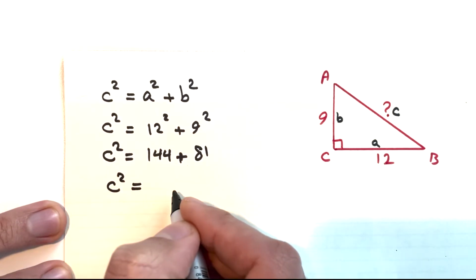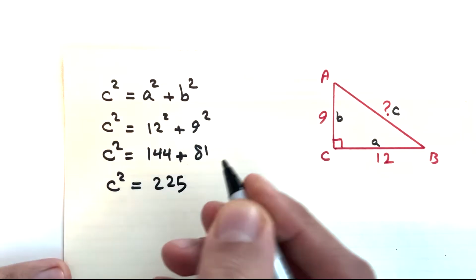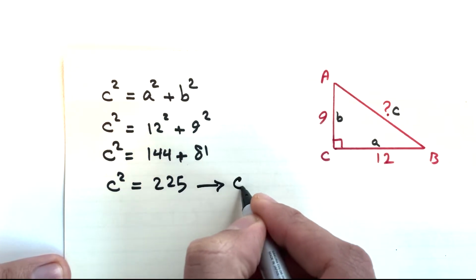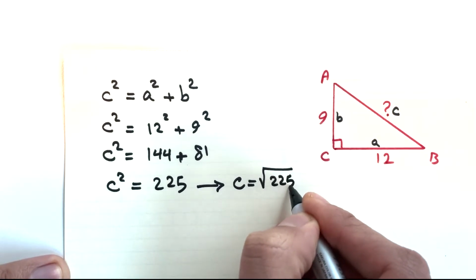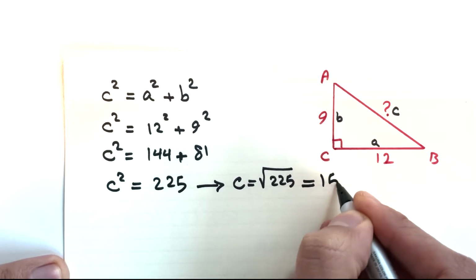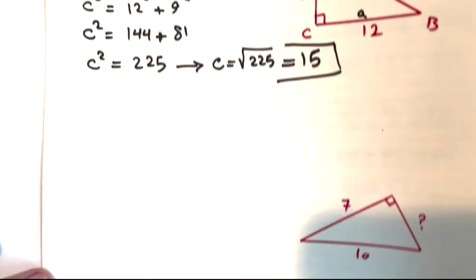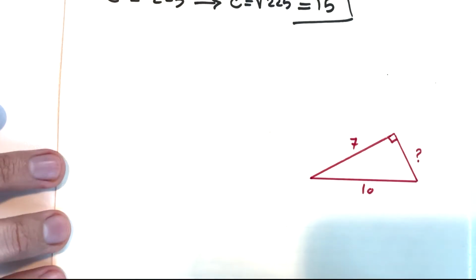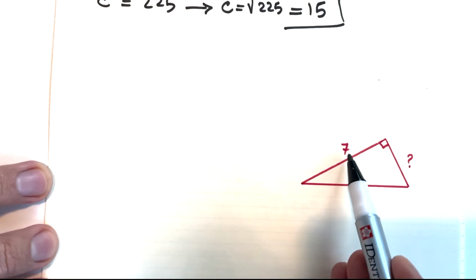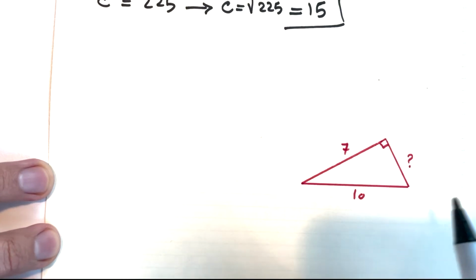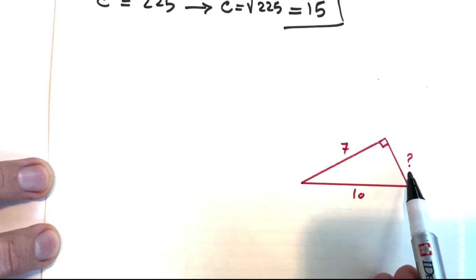C square is equal to 225, and therefore c is equal to square root of 225, which will be 15. So now let's take a look at another problem here. We have this triangle. This side is 7, this side is 10, and we are going to find the value of the length of this side.